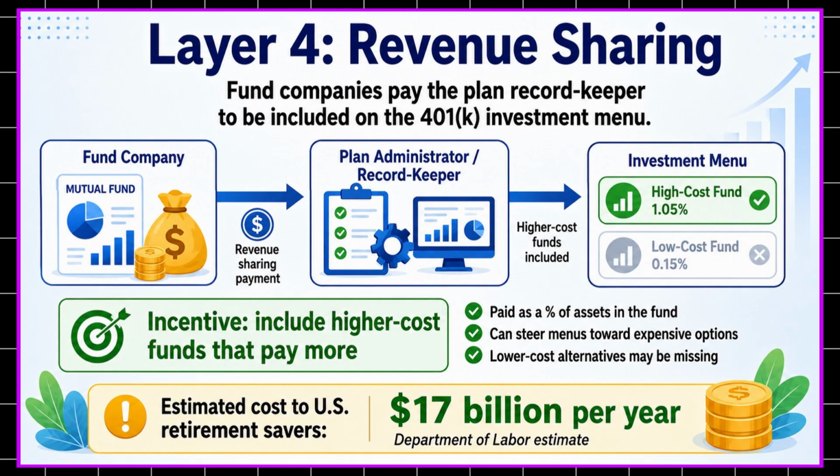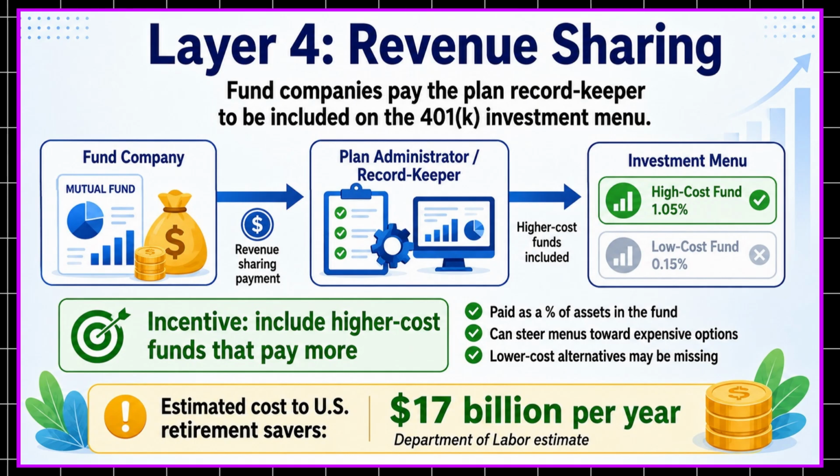A fund company pays the plan administrator a percentage of the assets that participants hold in their funds. The administrator is therefore financially incentivized to include higher-cost funds that generate more revenue sharing, not the lower-cost alternatives that would leave more money in your account. The expensive funds are on your menu because they paid to be there. The cheap ones that would serve you better may not appear at all.